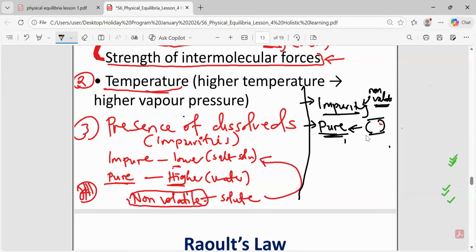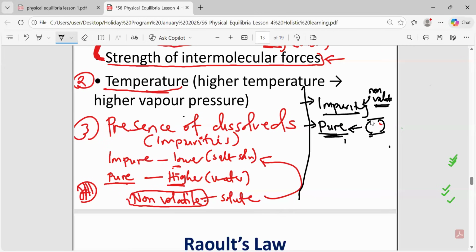Why? In a pure liquid, many liquid molecules at the surface can easily escape into the vapor phase. That is for a pure substance.